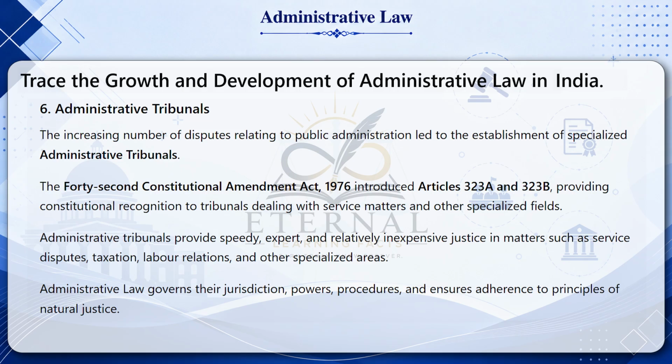Administrative tribunals provide speedy, expert, and relatively inexpensive justice in matters such as service disputes, taxation, labor relations, and other specialized areas. Administrative law governs their jurisdiction, powers, and procedures, and ensures adherence to principles of natural justice.